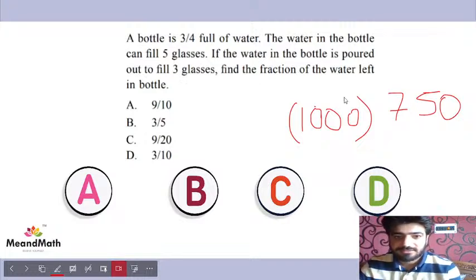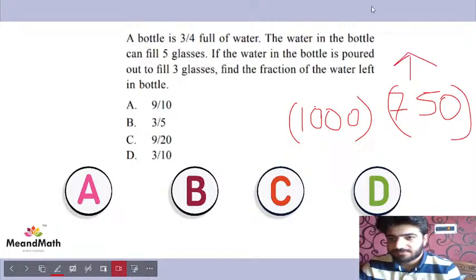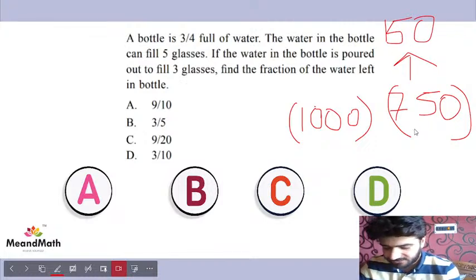Then the water in the bottle can fill 5 glasses, so for each glass there will be 150 ml. I am saying this so that your calculations become easy. Since 150 into 5 is 750, isn't it?